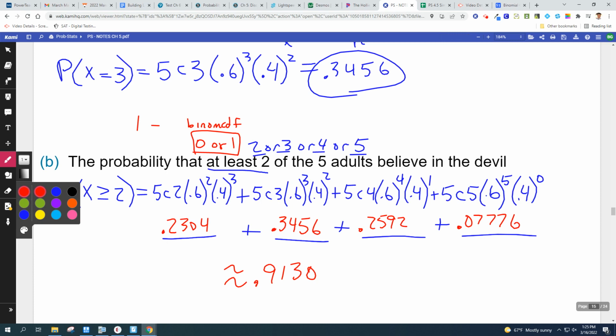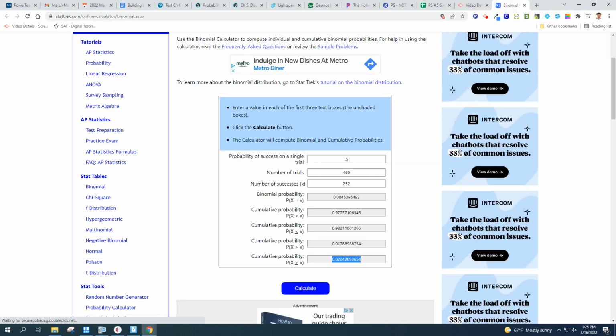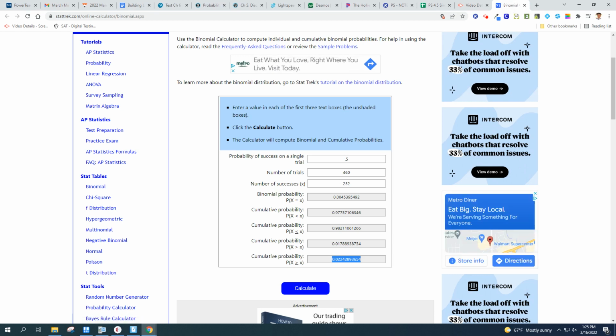Okay, if I use that website, I would say the probability of success was 0.6. And number of trials, there were 5. Number of successes, we're looking at 2 as our number. So if we want at least 2, we're looking at greater than or equal to. So there's my number right there, about 0.913.